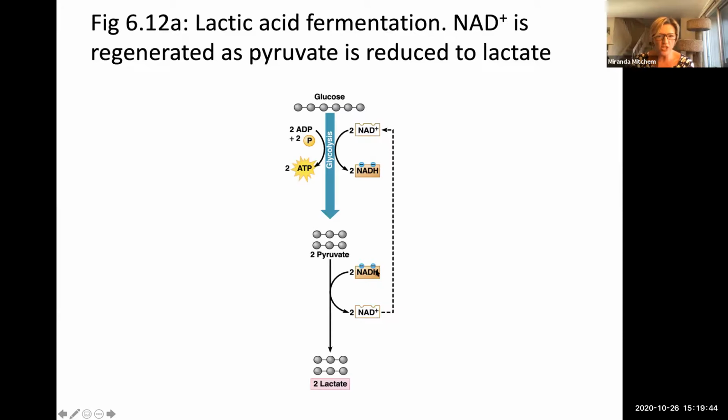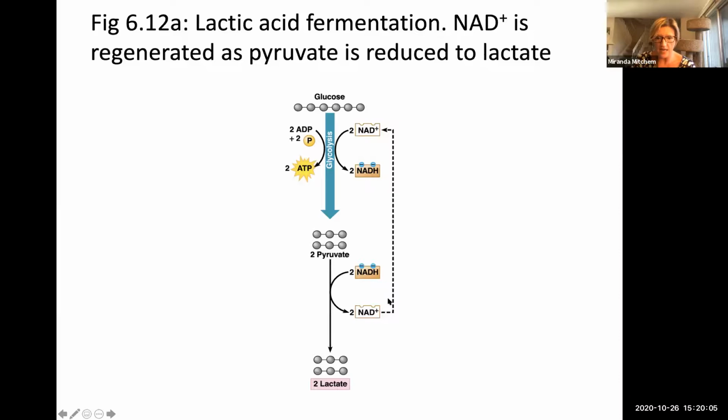What fermentation does is it takes pyruvate and converts it to lactate, and doing this oxidizes the shuttle. So now we've taken our reduced shuttle and removed the electrons out of it. Oxidation is loss.